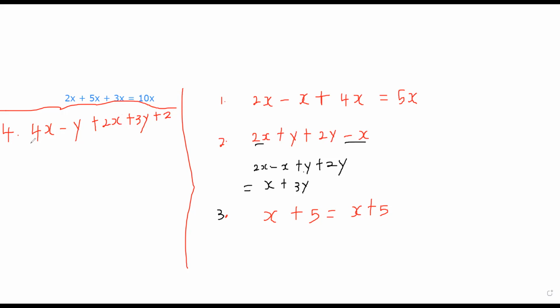So take this down. 4x minus y plus 2x plus 3y plus 2. Give you guys 1 minute to figure out what's the answer. Simplifying it.